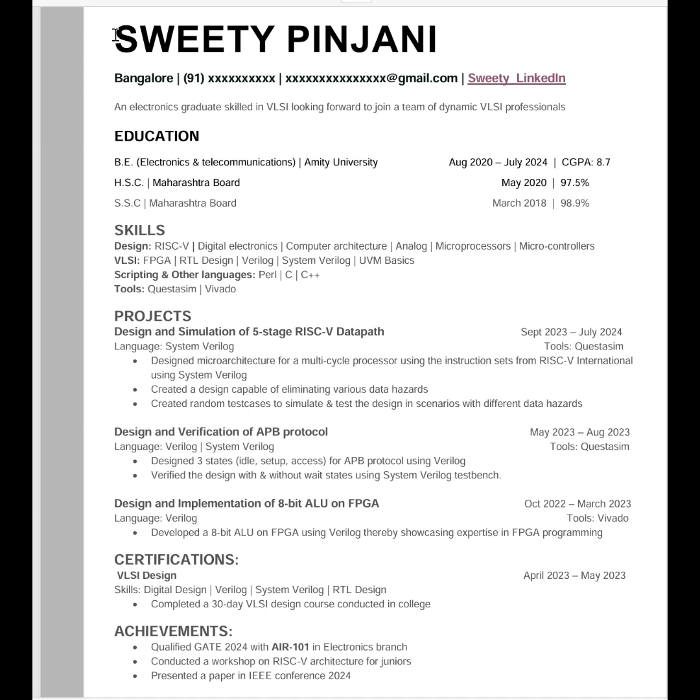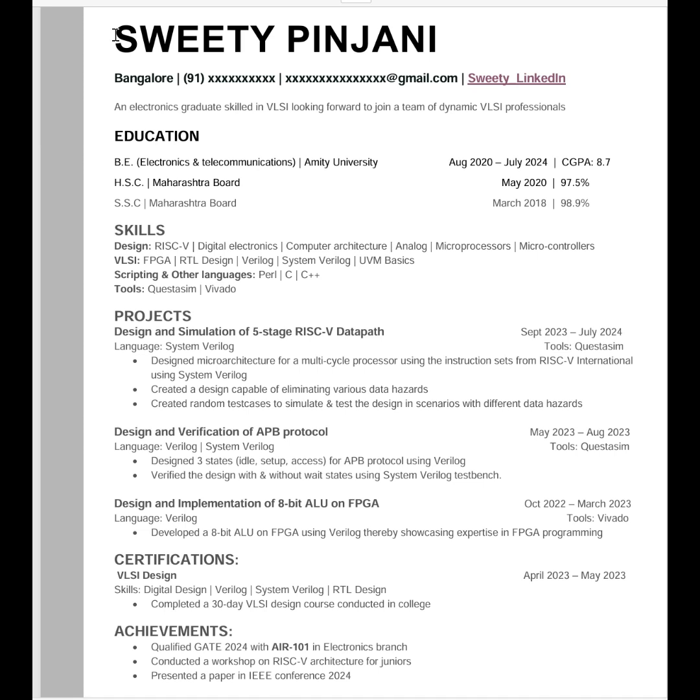This is a resume building series where we are learning how to build a good resume which has the capability of getting shortlisted. And we are seeing the resumes for different scenarios. Today we are going to see a resume for a person who has completed masters in VLSI and looking for opportunities in VLSI domain.